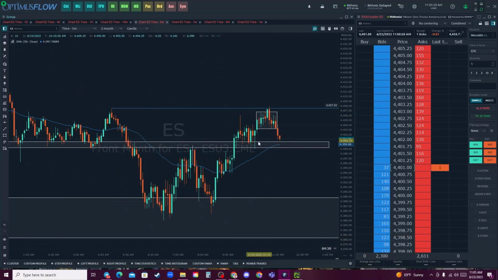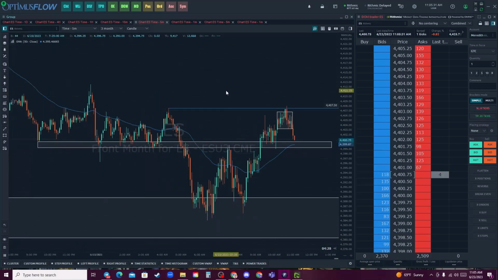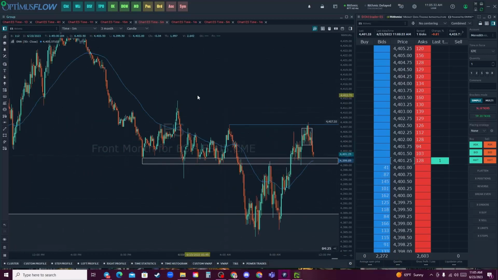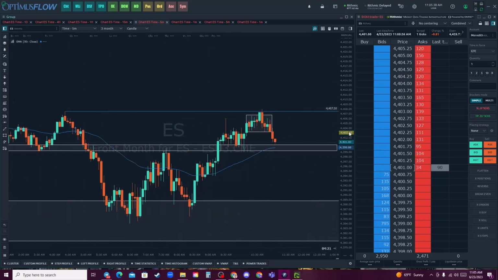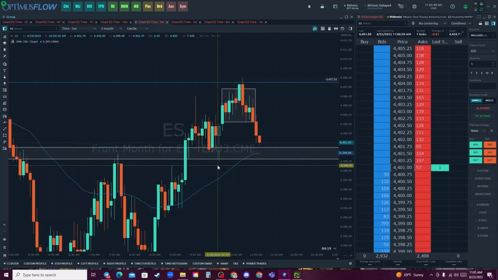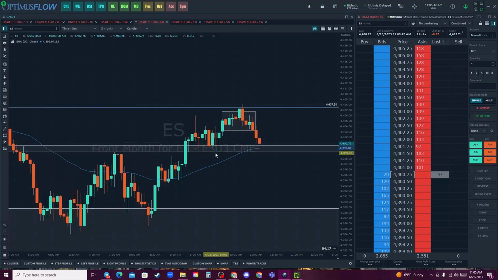So if we were still long, hoping for a move up higher, we could potentially place our stops below swing lows, which would be identified here, maybe here, and then here, and also below a moving average.